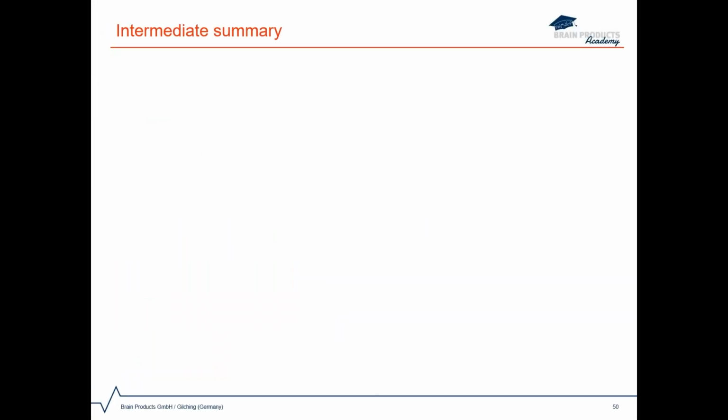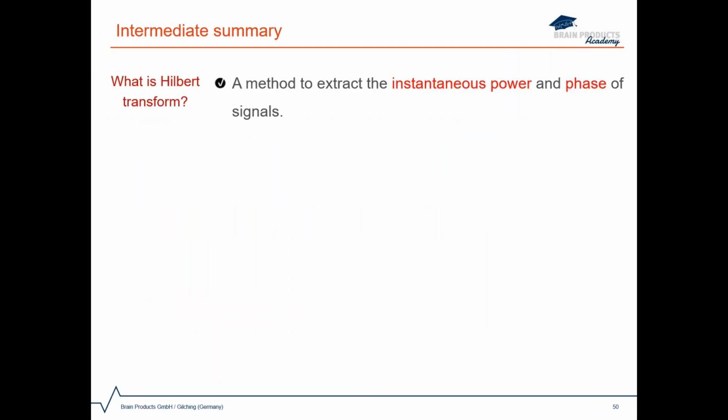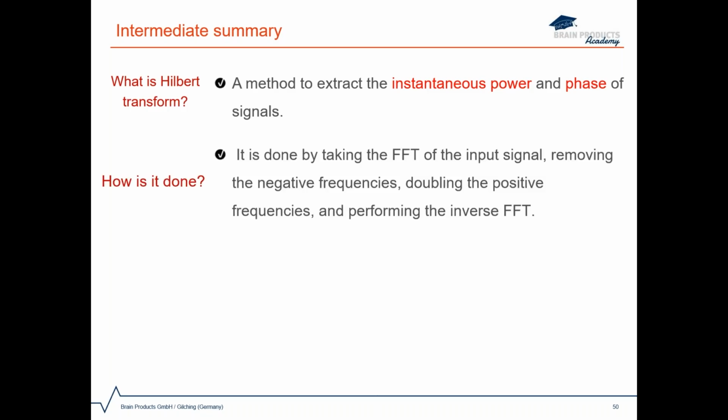Let's summarize what we have learned about Hilbert Transform. Hilbert Transform is one of the methods to extract the instantaneous power and phase of signals. It is done by taking the FFT of the input signal, removing the negative frequencies, doubling the positive frequencies, and performing the inverse FFT.